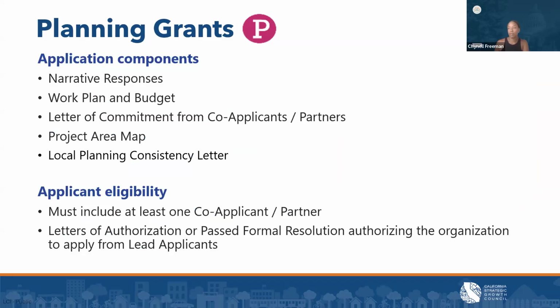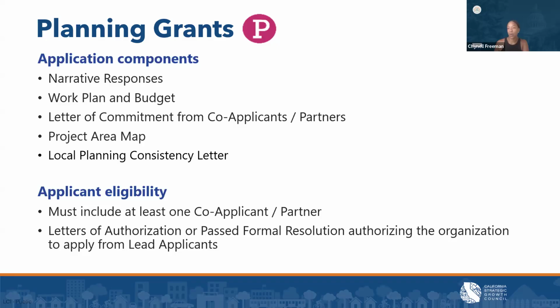All co-applicants must provide a signed letter of commitment that outlines their role and responsibilities as they pertain to the TCC grant application proposal. Through answering the narrative questions, applicants will describe their community vision for transformation, how the grant activities address the TCC program objectives, identify the project area, and more.